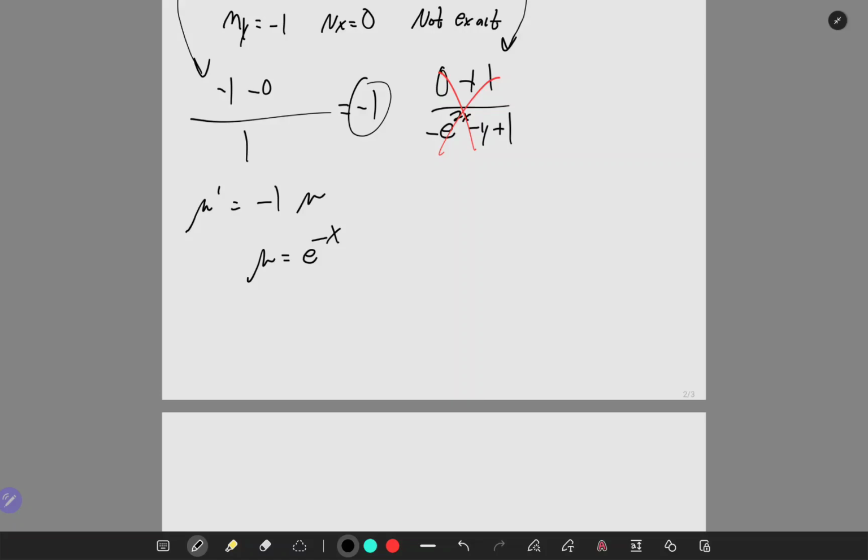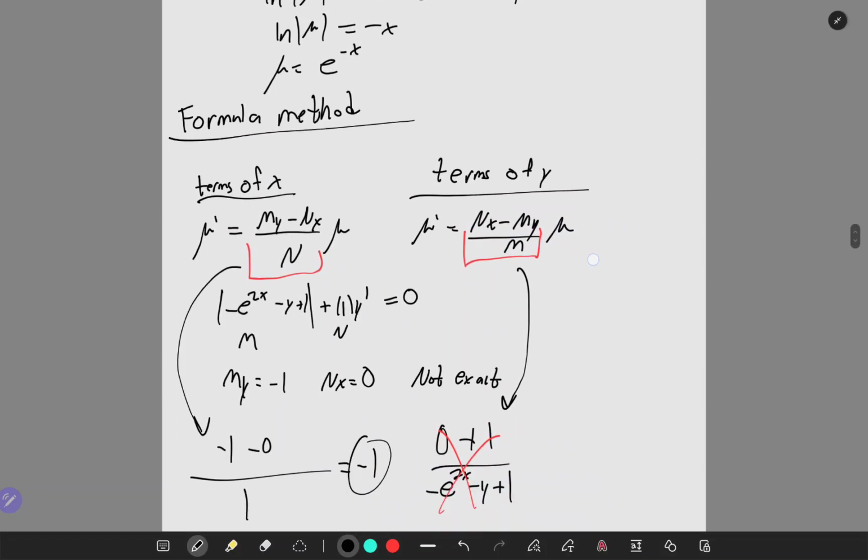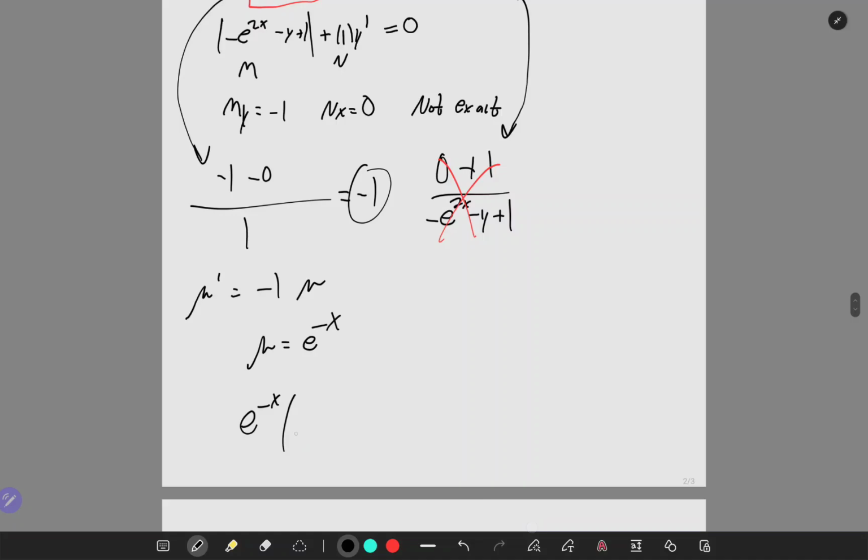So let's go ahead. This part's still the same. We still multiply our m and n by mu and we get our new n and our new m, right? So we're going to have e to the -x times negative e to the 2x minus y plus 1, plus e to the -x times y prime is equal to 0.